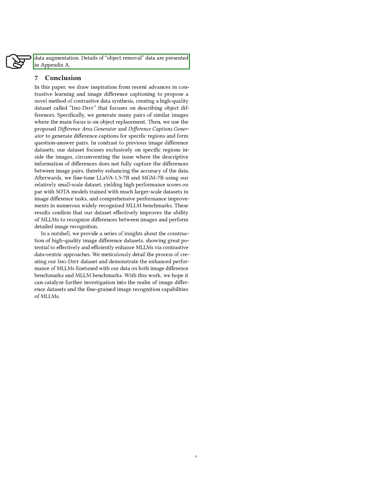Upon evaluating this new dataset, we observe that the performance of LLaVA 1.5 7B improved by 3.91%, while MGM-7B's improvement was 1.1%. These results suggest that if the fine-tuning data for MLLMs is limited and lacks information on object presence, using object removal data could be a viable option for data augmentation. More details about the object removal data can be found in the appendix.